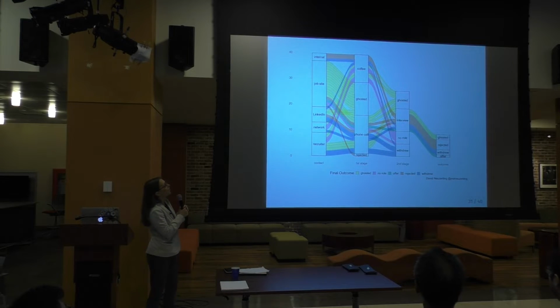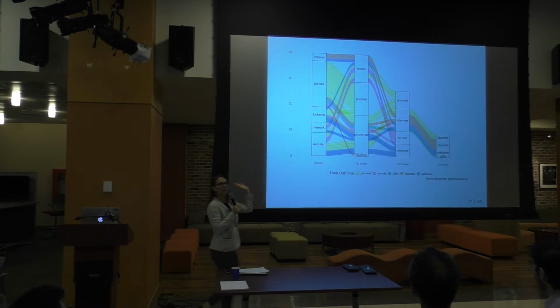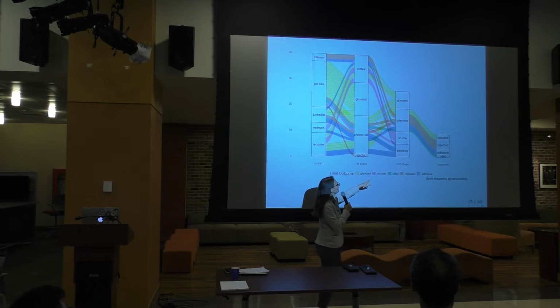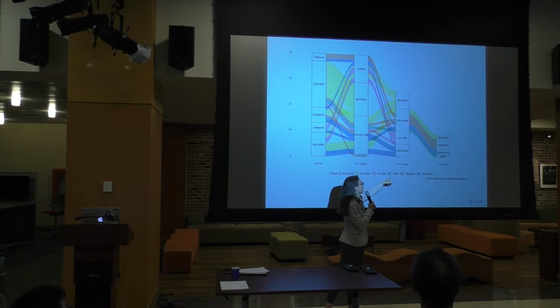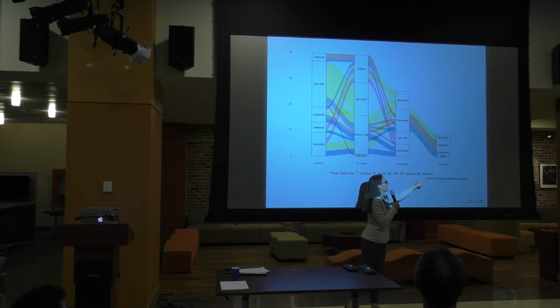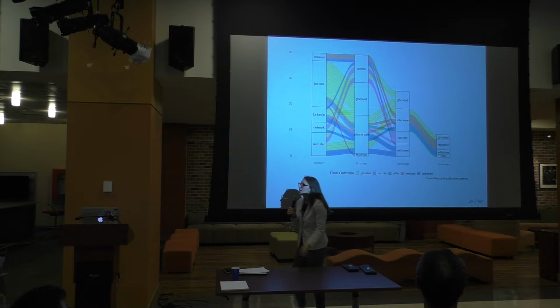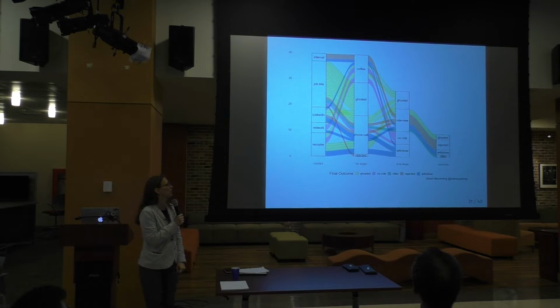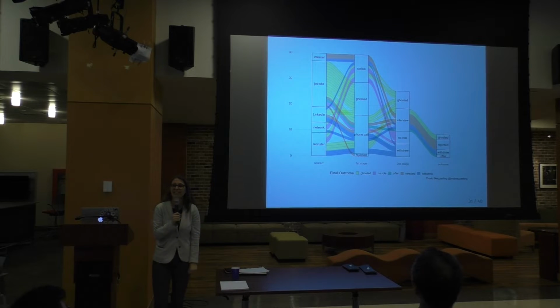For people that might not be able to see in the back, the yellow is ghosted, this purple pink is no role, green is you got an offer, orange is rejected, and blue is withdrew. So immediately we can see that there's a lot of ghosting happening, which isn't great.